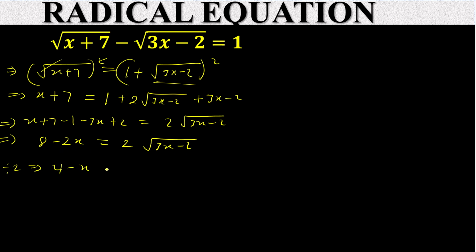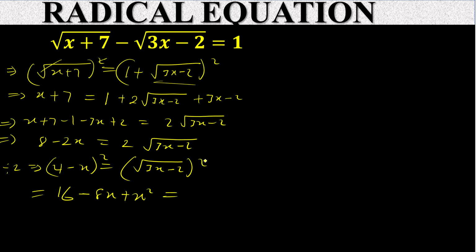So we have 4 minus x, and this one will be 1, so we have root 3x minus 2. So we can still square both sides since we still have a radical here. So this one will be 16 minus 2 times 4 times x, so 8x, then plus x squared, and this one will cancel this, 3x minus 2.